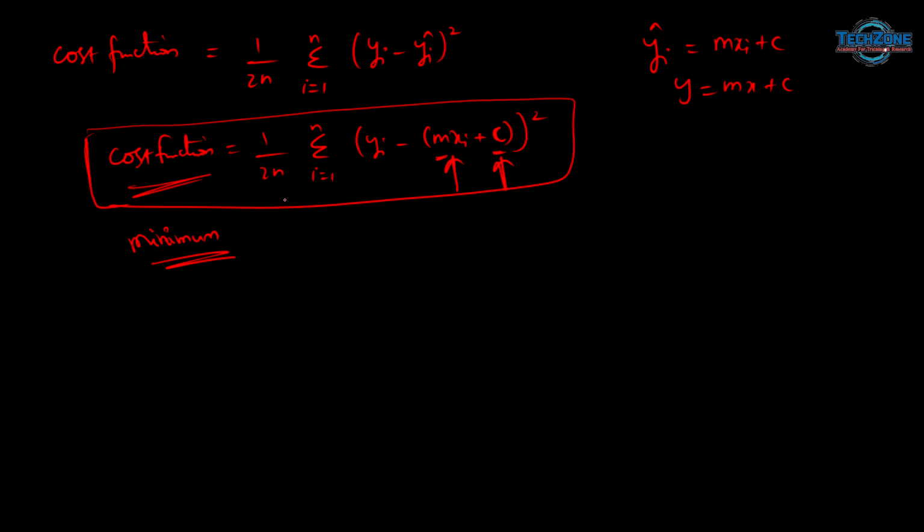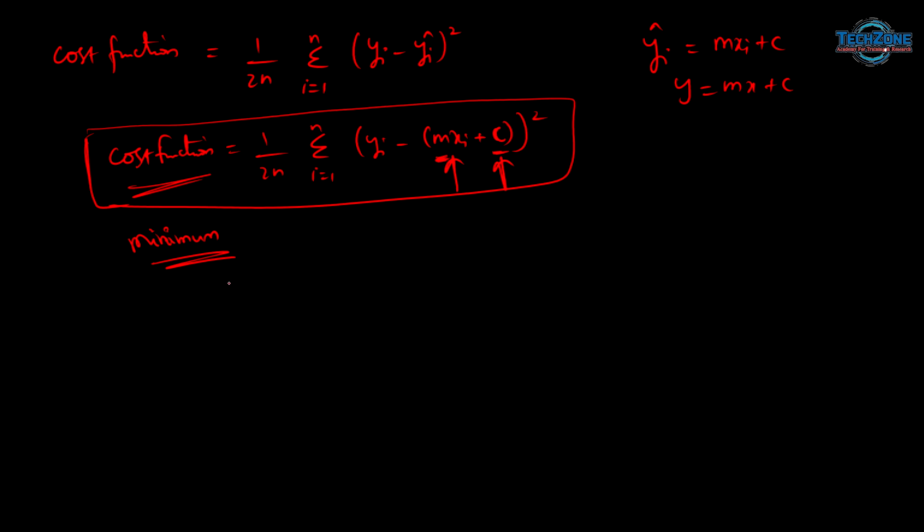So how do we do that? See, we have two variables here, m and c. So we'll find partial derivatives now. What we'll do is we'll first keep c as constant and then partially differentiate this with respect to m, and then we'll keep m constant and then partially differentiate this with respect to c.